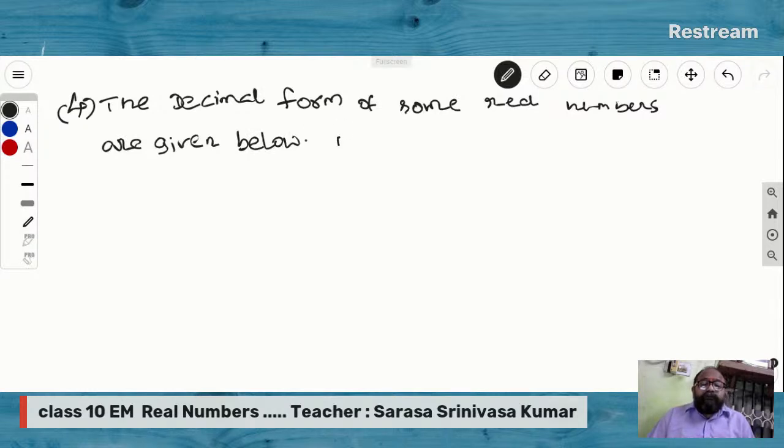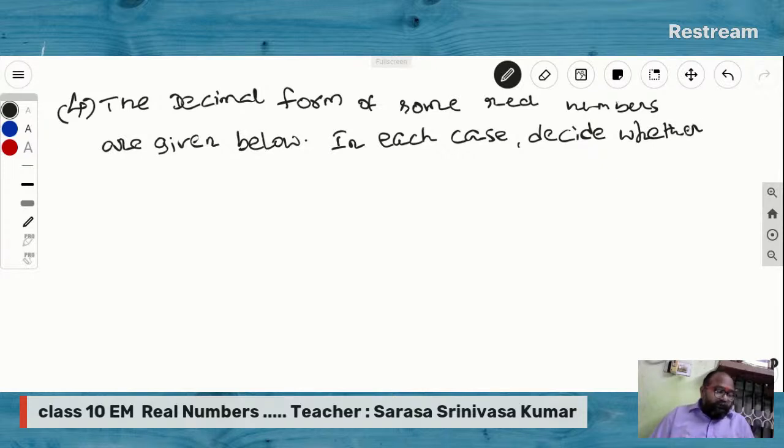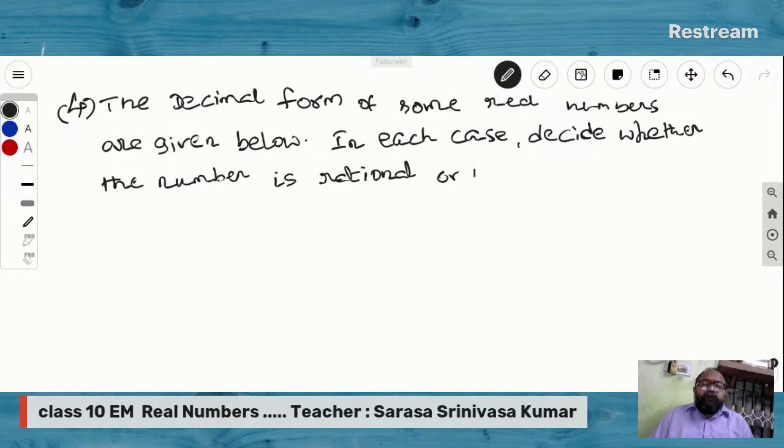In each case, decide whether the number is rational or not.